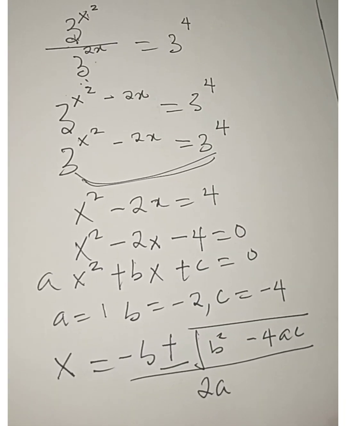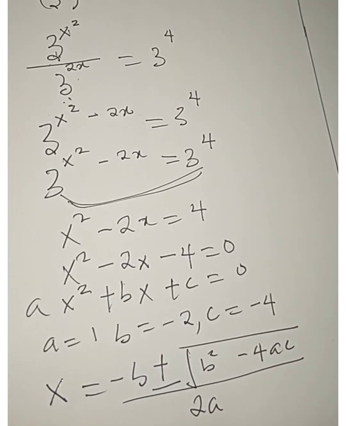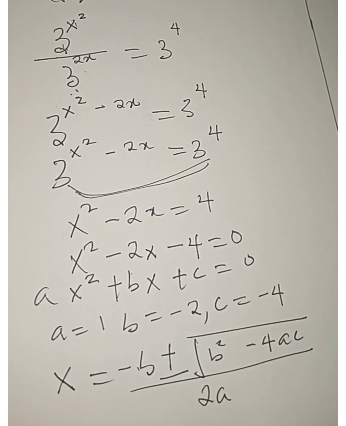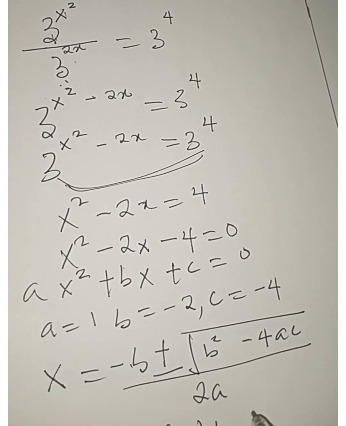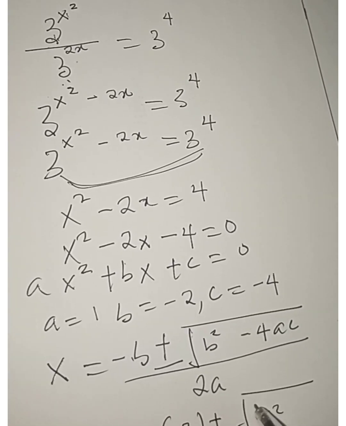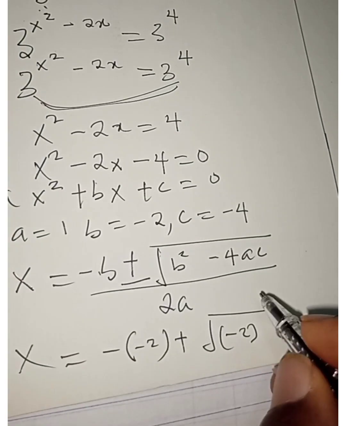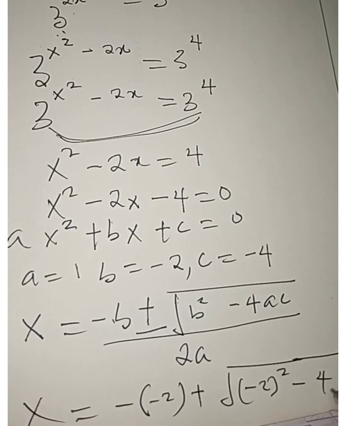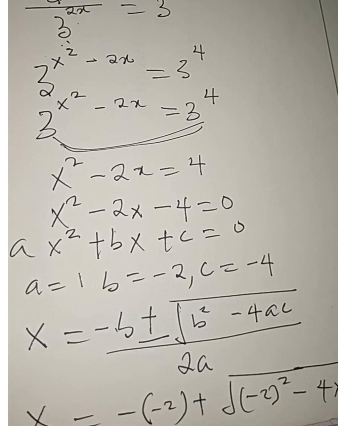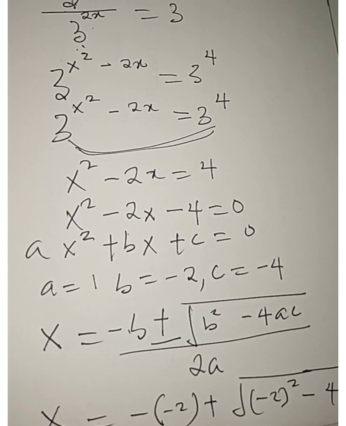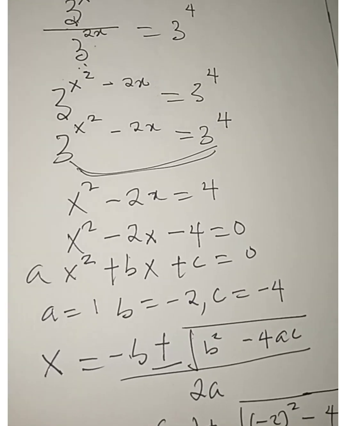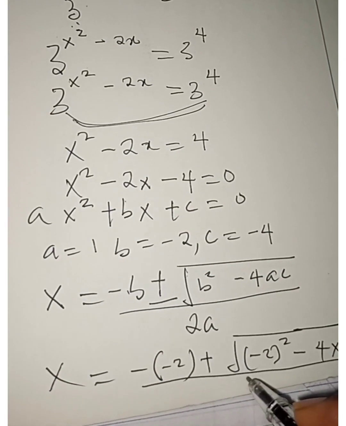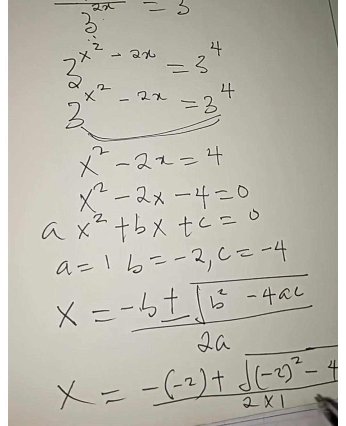If we apply that, x becomes minus b, that is minus of minus 2, plus or minus the square root of minus 2 squared, minus 4 times a is 1, c is minus 4, divided by 2a, that is 2 times 1.